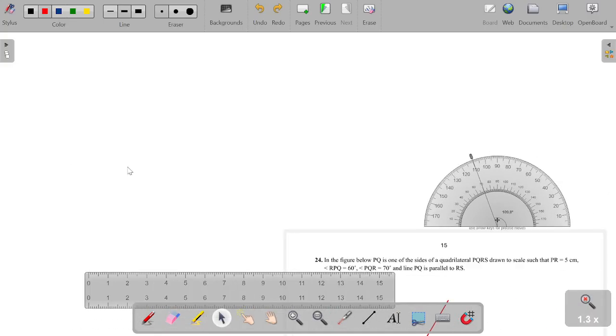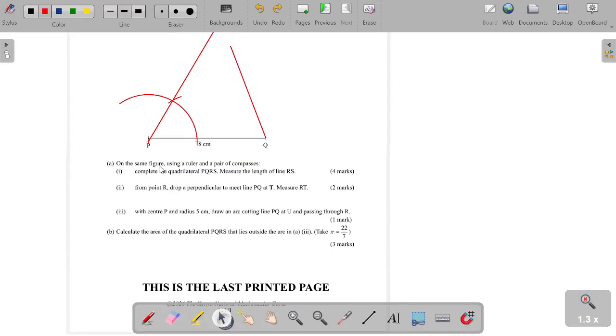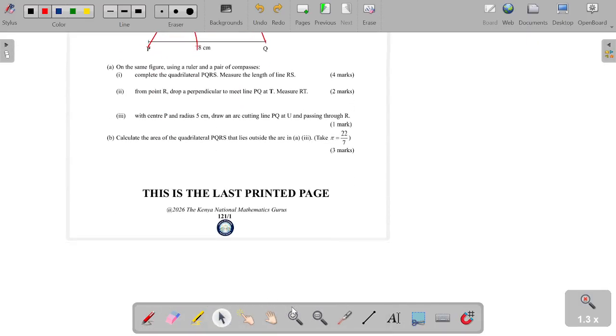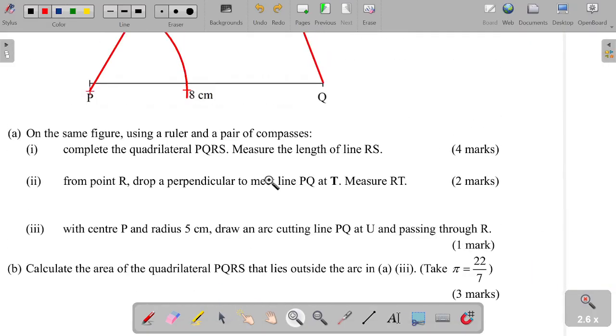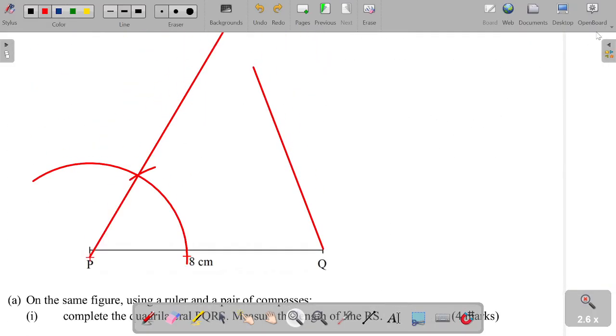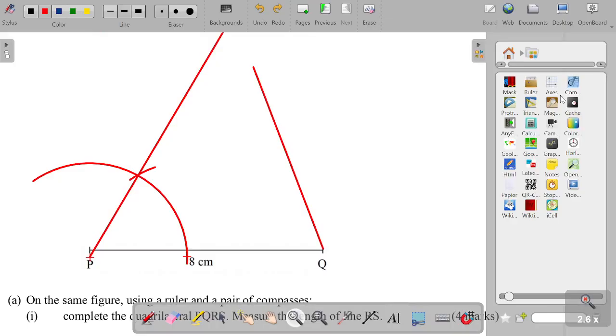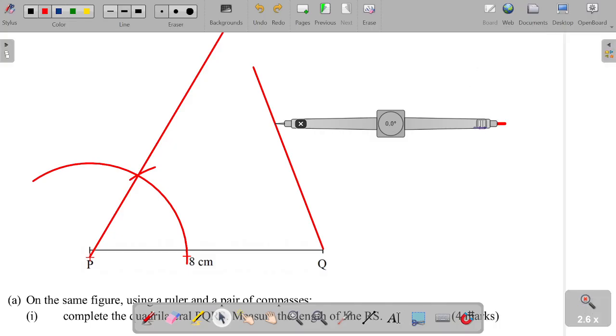At times it happens. But if it has disappeared, I can still get it. Let me get my compass. Okay. Then I have to ensure it is now 5 centimeters.